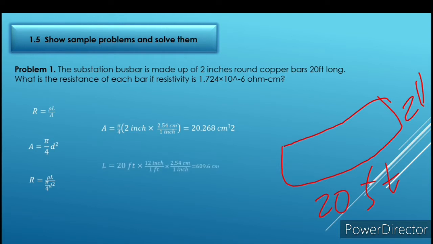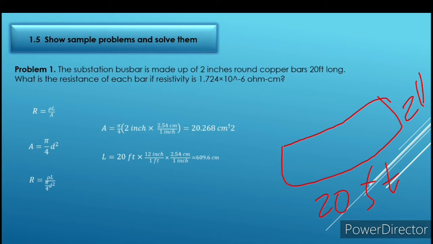Also, the length is given in feet, so we will convert that into centimeters. So 20 feet, and 1 foot is 12 inches and 2.54 centimeters in 1 inch. So 20 feet times 12 inch over 1 foot times 2.54 centimeter over 1 inch is equal to 609.6 centimeters.